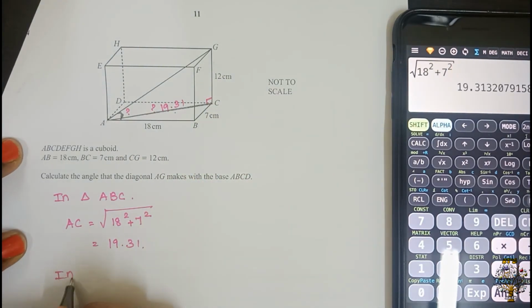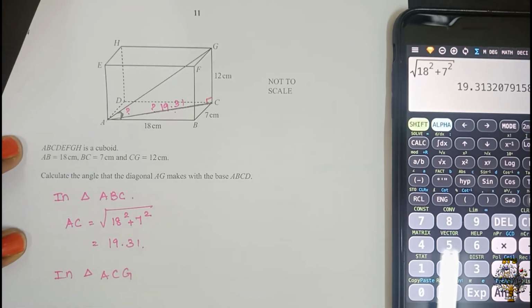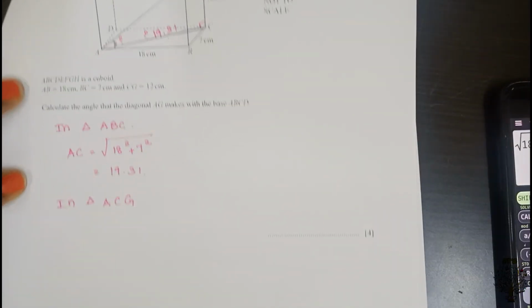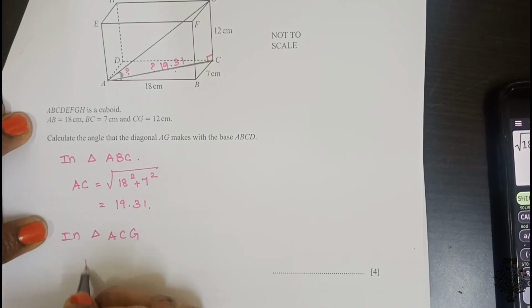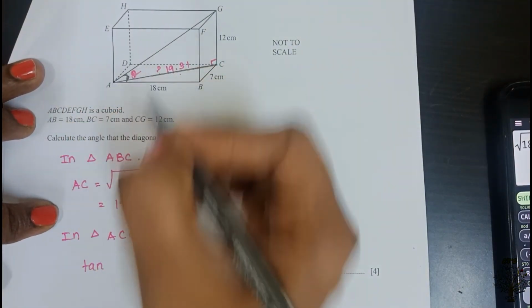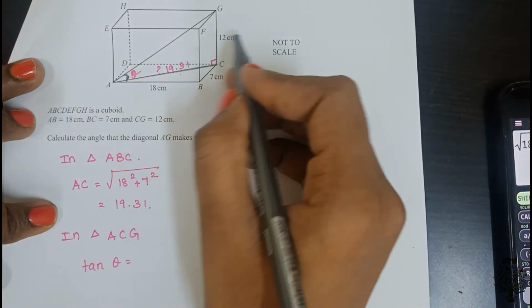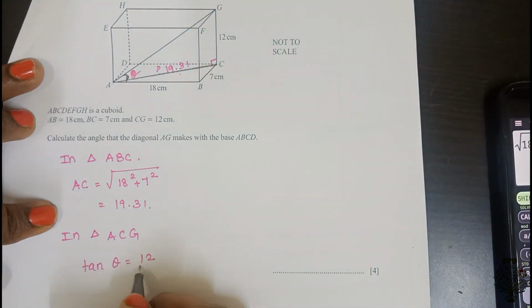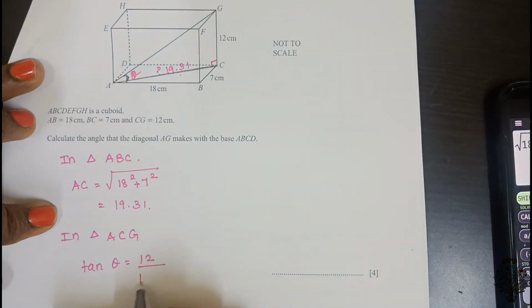So in triangle ACG, we are taking triangle ACG. Okay, we can go for tan of theta. I'll name this as theta. Tan of theta is equal to opposite, that is 12 over adjacent, 19.31.